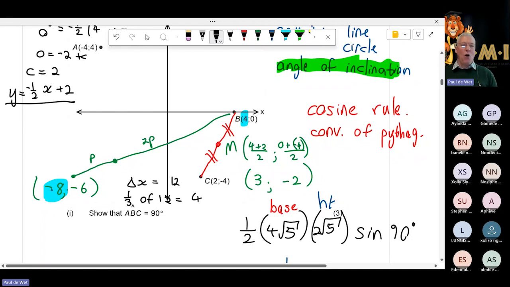If I add 4 to -8, I get -4. How much have I risen from -6 to 0? 6. What's a third of 6? 2. If I add 2 to -6, I get -4. That point will be 1/3 of the way along the line.